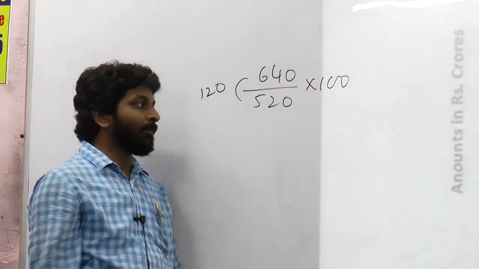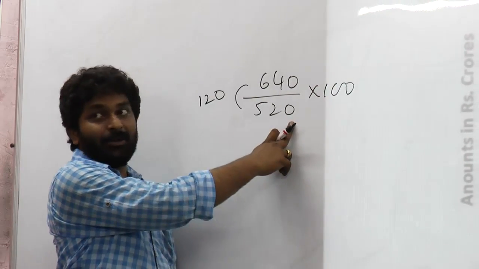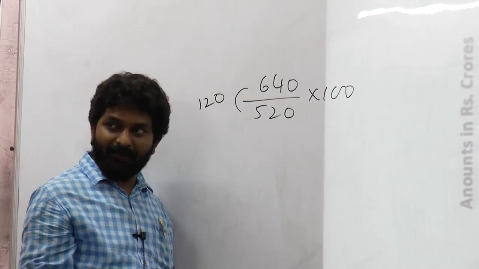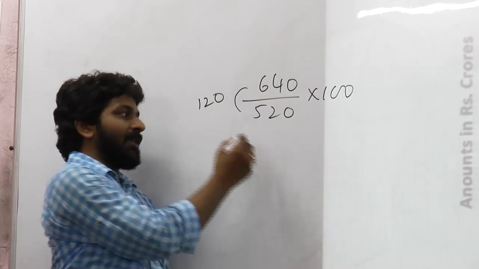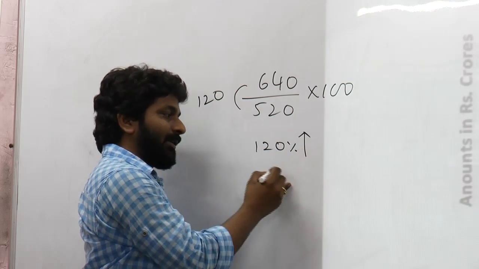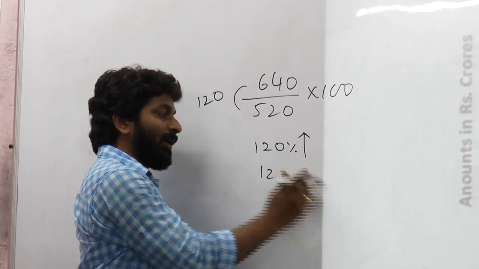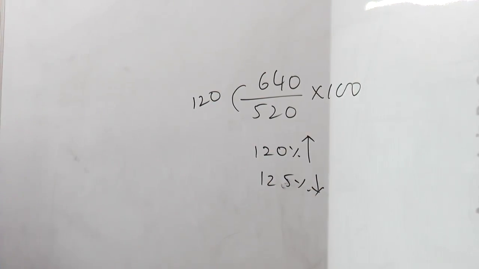But wait a minute. What is 50% of this? 50%, 260. 25%, half of 260, 130. This is less than 130. So answer should be more than 120%, but less than 125%. Should be in between 120 and 125.